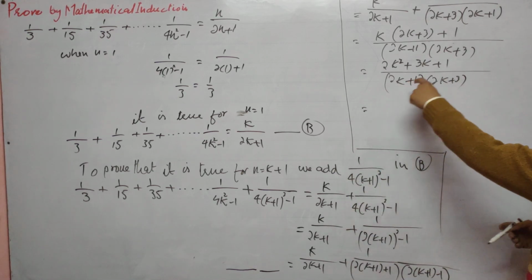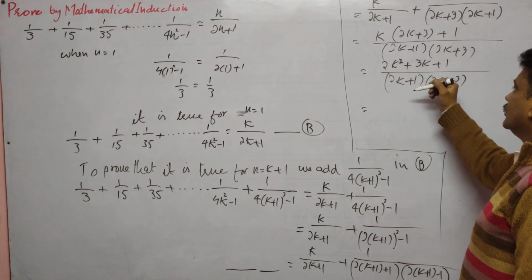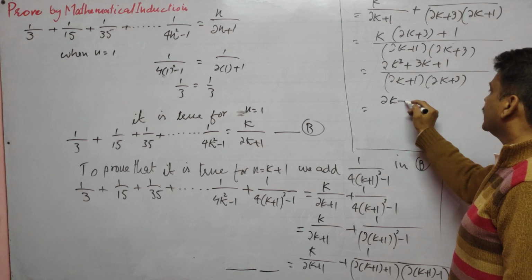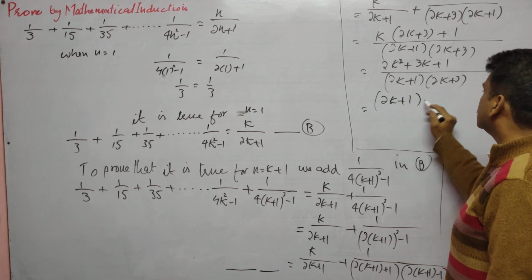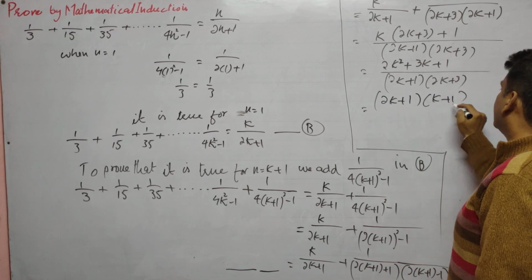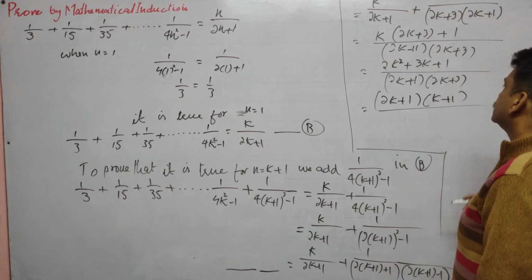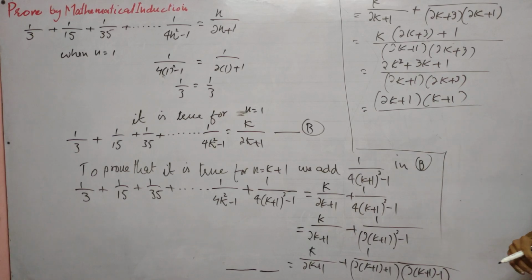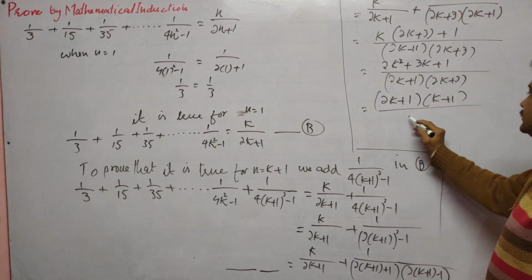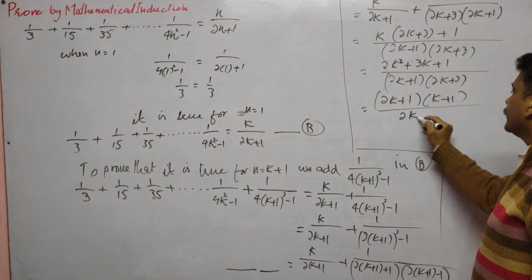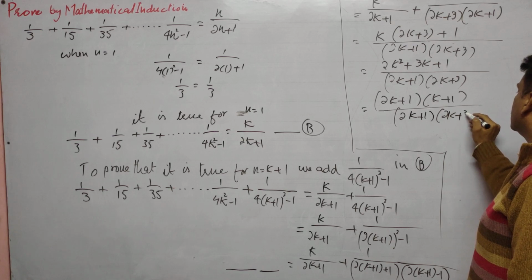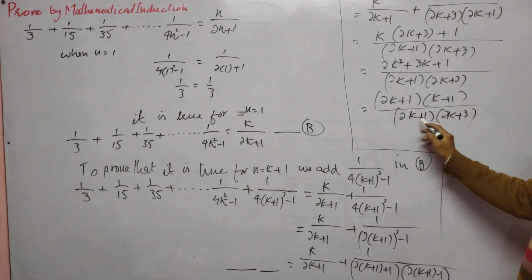After factorizing, in the numerator we write 2k² + 3k + 1 as (2k + 1)(k + 1). Then (2k + 1) in the numerator and denominator cancel.